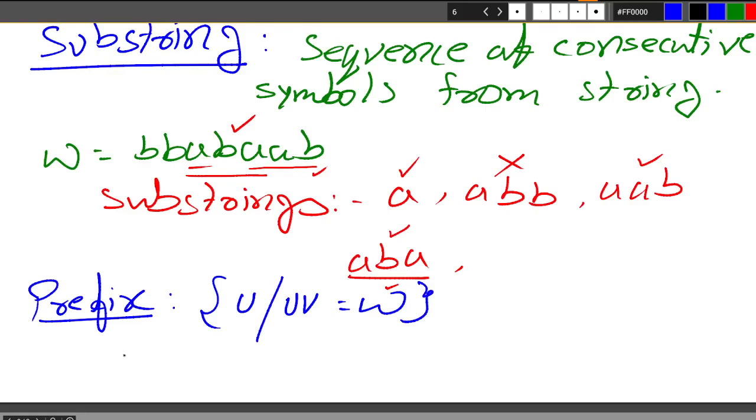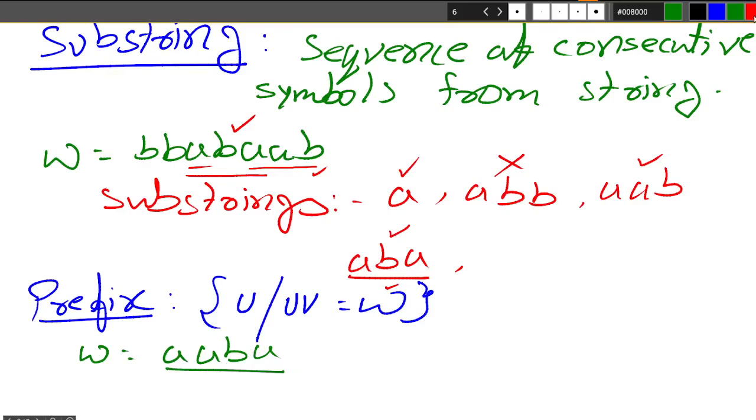Suppose your W is AABA. Then what are the possible prefixes?